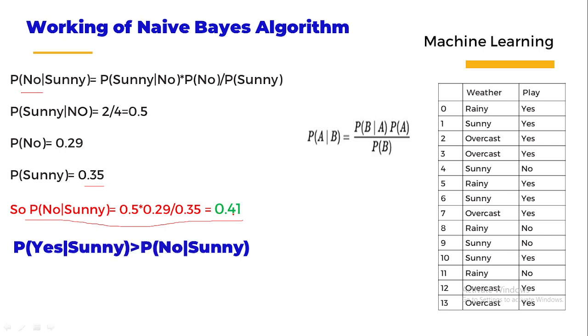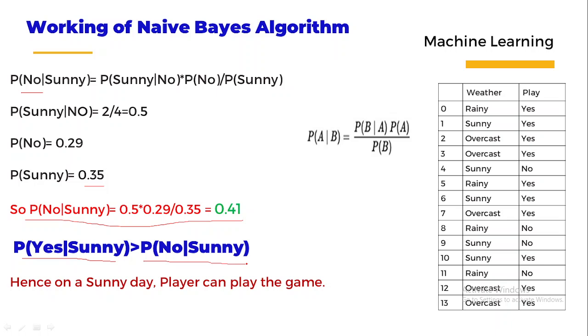So the probability of yes given sunny is greater than probability of no given sunny. That's why we are saying on sunny days the player can play the game. So this is how we are applying the Naive Bayes classifier to the classification problem. Whichever value is giving the higher probability, that we are considering.